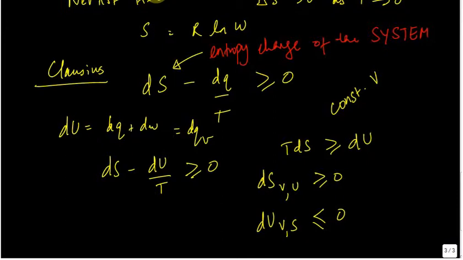Why? Because if the internal energy goes down at a constant volume, heat is released out of the system, which means heat goes out to the surroundings, which means that the entropy of the surroundings increases.